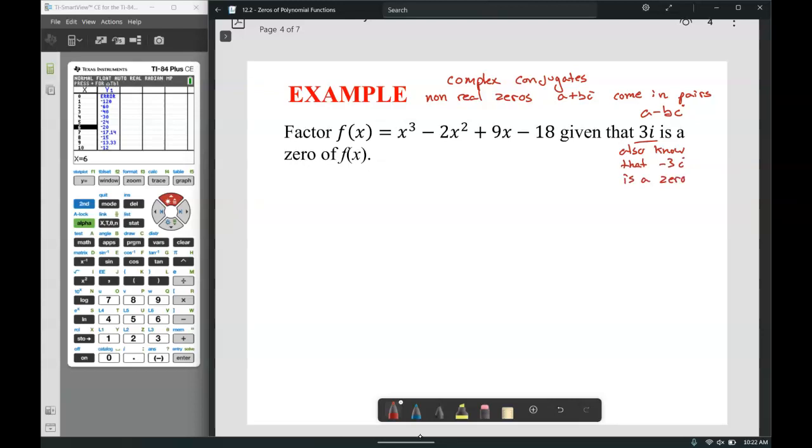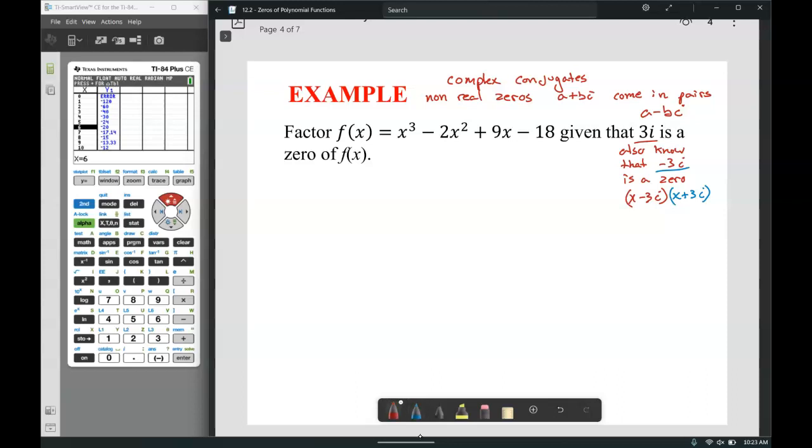We know two of them already, and we also know two of the factors. If 3i is a 0, we know that x minus 3i has to be a factor. And if negative 3i is a 0, we know that x plus 3i has to be a factor. So we have two of our factors. We only need to find one more factor. And the reason that we have this is going to be really important.